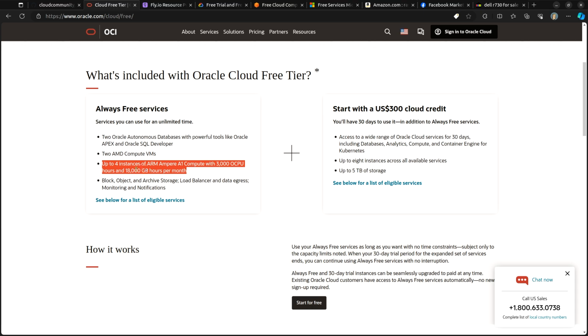So each one of these 4 ARM Ampere A1 computes has 1 CPU, but you can run 1 instance with 4 CPUs. You could run 2 instances with 2 CPUs. You could run 2 instances, one with 3 and one with 1, or you could run 4 separate one CPU instances and divide out your resources effectively however you want.